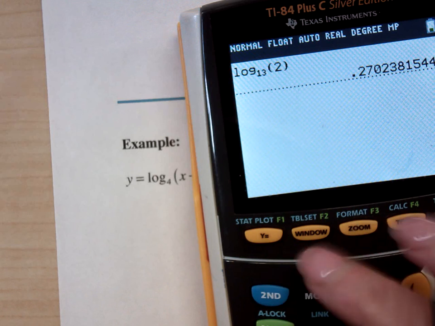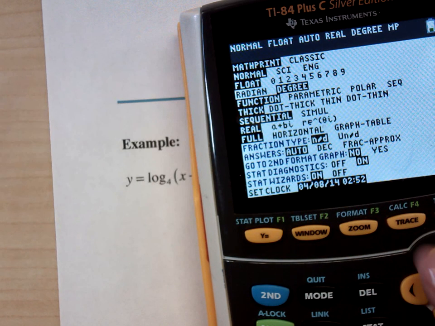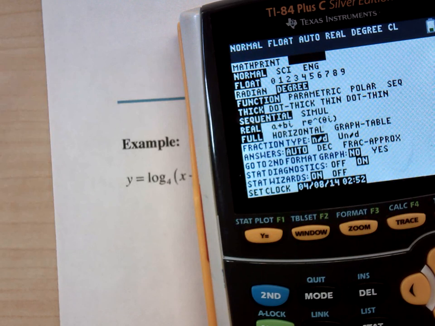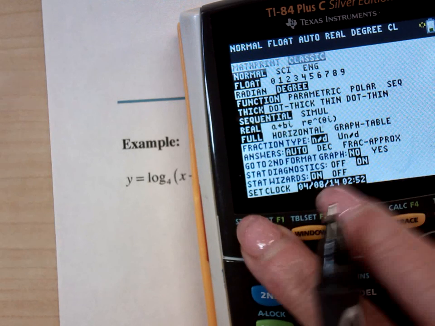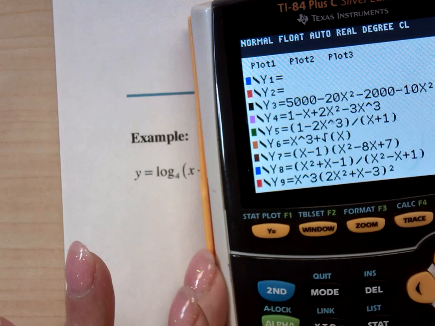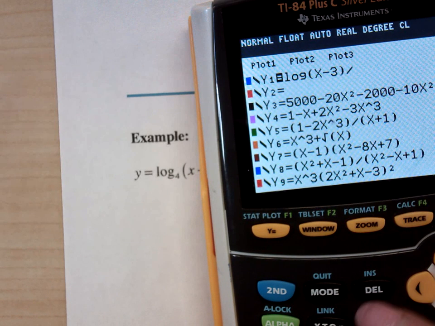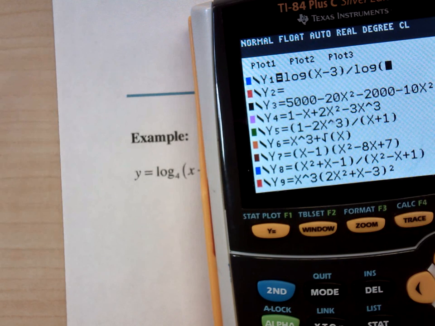So let me change back into classic mode. And y equals the log of the argument divided by the log of the base.